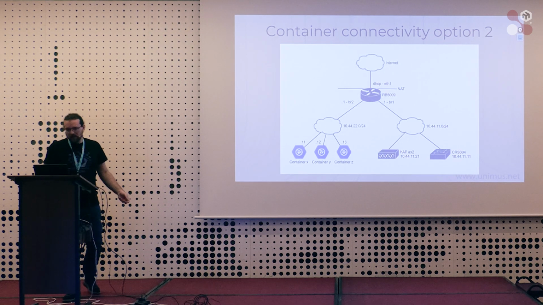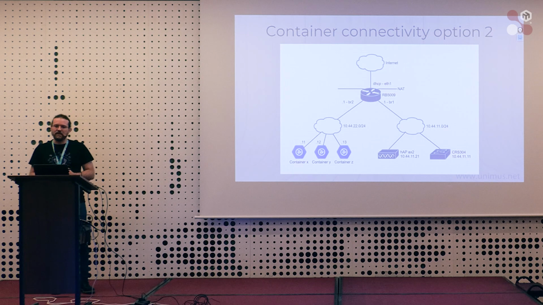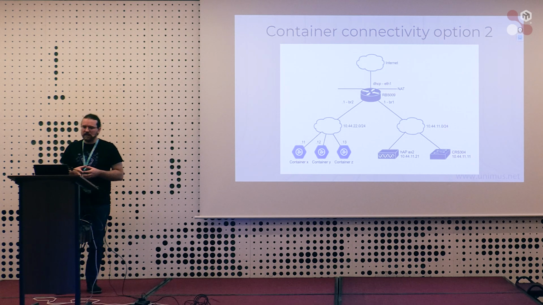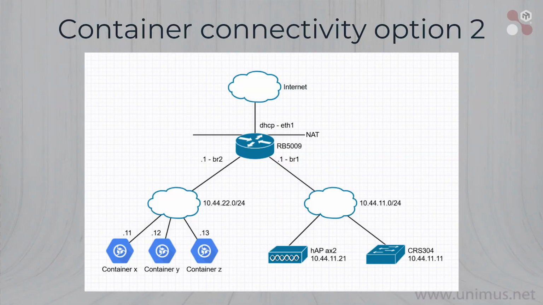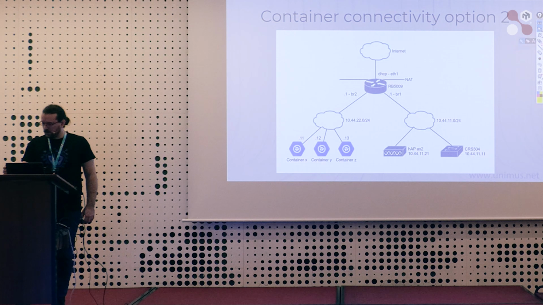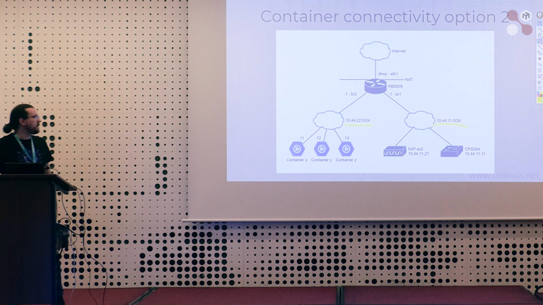Well, you can just create a separate subnet, a separate bridge, and assign all of the containers to that other bridge. And yeah, it's all virtual, but it's just a bridge and ports in a bridge. So in that case, we have two subnets in here, you see. We have our LAN subnet right here, and we have our container subnet right here.